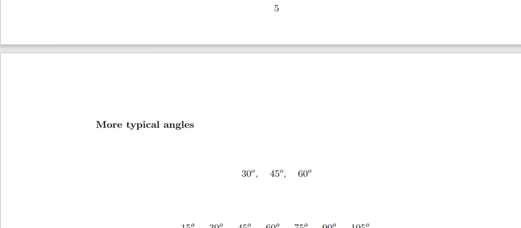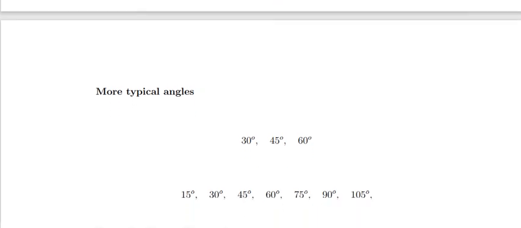For typical angles, we have 30 degrees, 45 degrees, and 60 degrees. Then from applying the formula, with this minus this we get 15, so 15 is also a typical angle. And this plus this gives 75, which we can also regard as a typical angle. And 45 plus 45, 90 degrees, is also a typical angle.